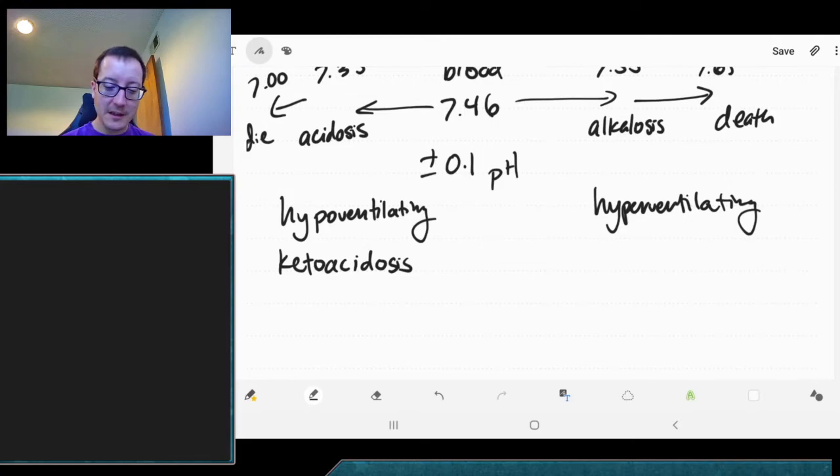Another thing people buy into because they think it's cool is alkaline water. They think drinking water at pH 9 or 10 or whatever it is will cure their cancer or whatever.